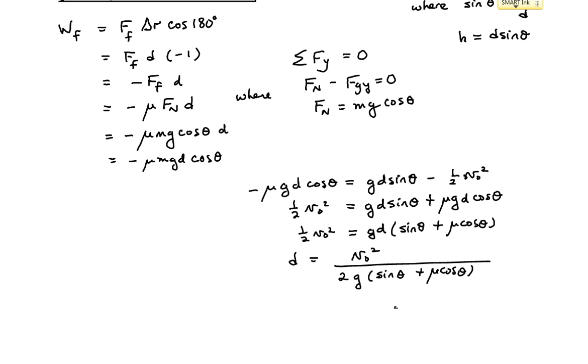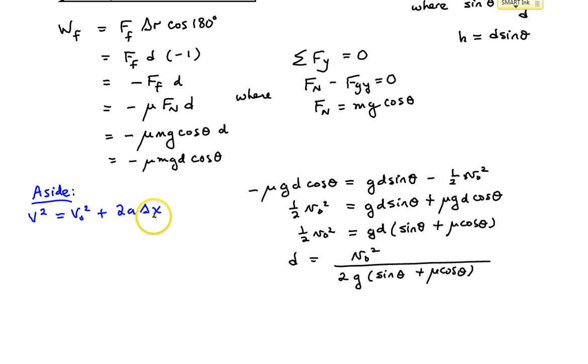I can show you, as a little aside, how to solve this problem using kinematics. Let's show a different way of doing this. You could use the equation that relates the final speed squared with the initial speed squared plus 2a times the displacement delta x.